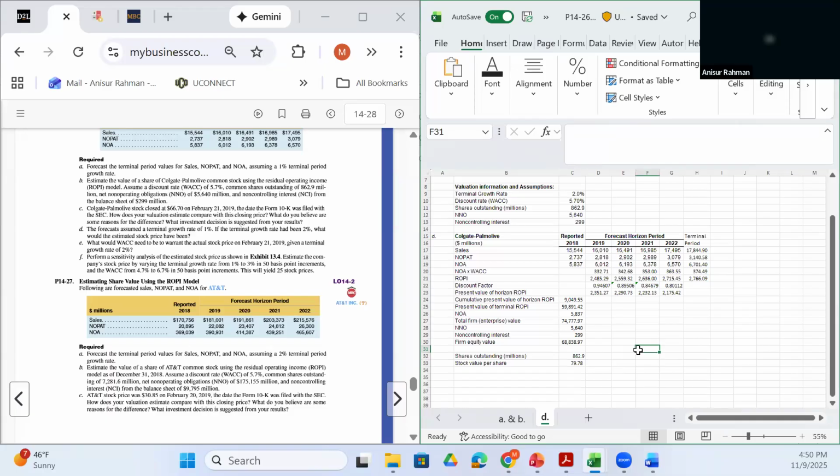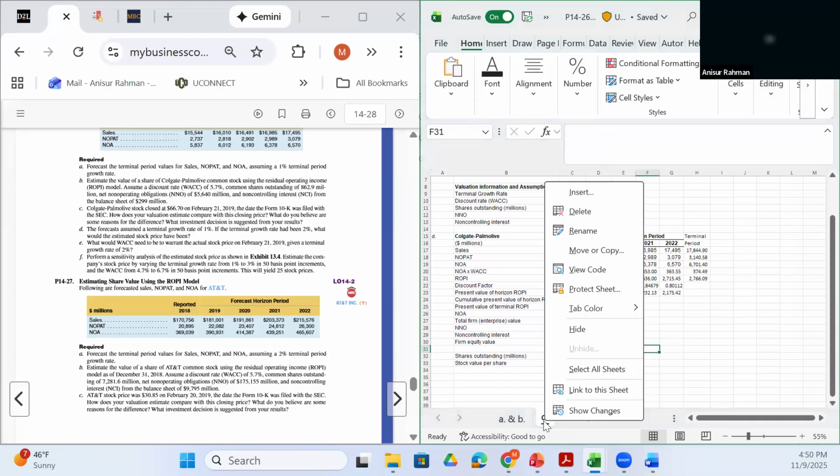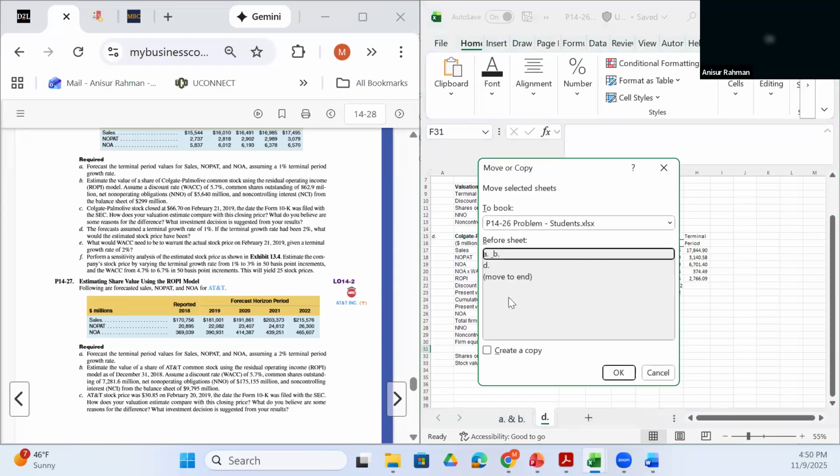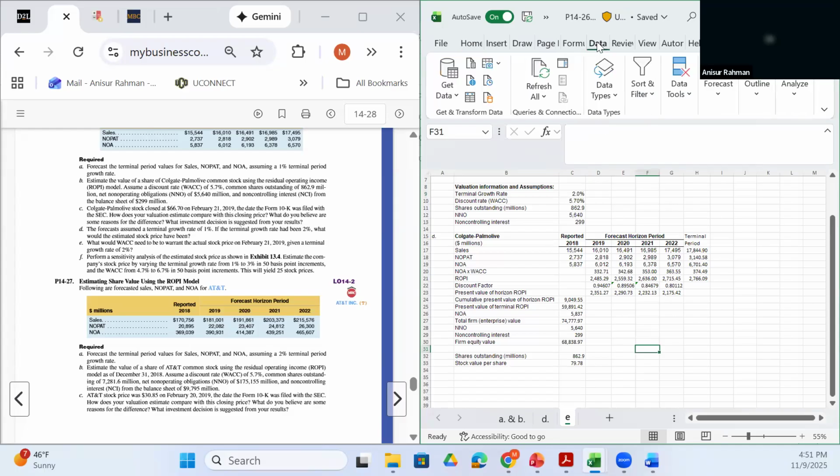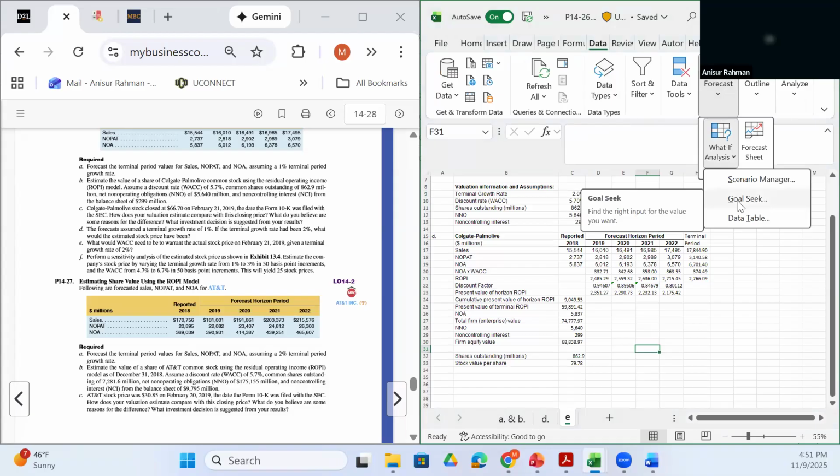So we are going to make another copy of this. And I'll call this E. Now, the question is saying terminal growth rate stands at 2%, but change the WACC. So Excel has a wonderful tool inside this data menu. And then if you go to forecast option, what if, goal seek.